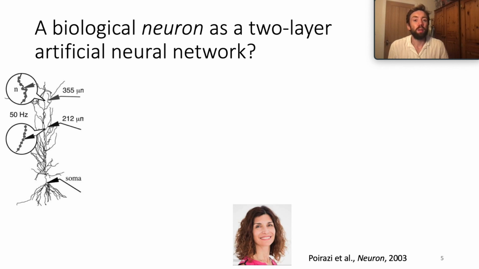But what do we know about the computational capabilities of single neurons? Well, the Greek computational neuroscientist Panayiota Poirazi investigated this question way back in 2003. And Poirazi and colleagues reasoned that now we're able to simulate quite detailed and accurate models of individual neurons, but it's quite hard to interpret those and understand what the key computations in these neuron models are.